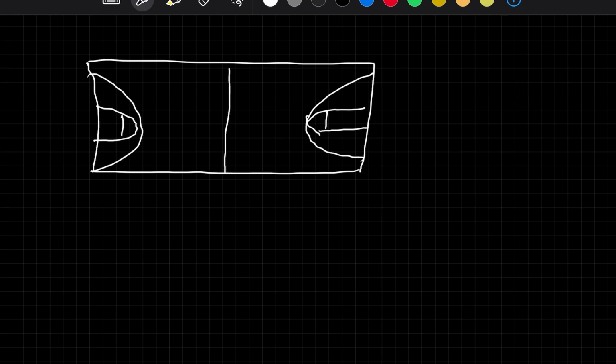We will be trying to figure out the perimeter of this court. Someone said that this side is A and this side is B length, and this is a rectangle. So A is equal to both the top and the bottom side of the rectangle, and B is equal to the length of the left and the right side of the rectangle.